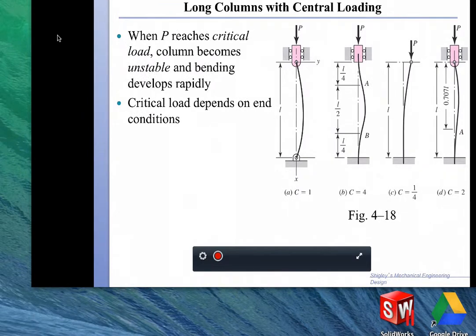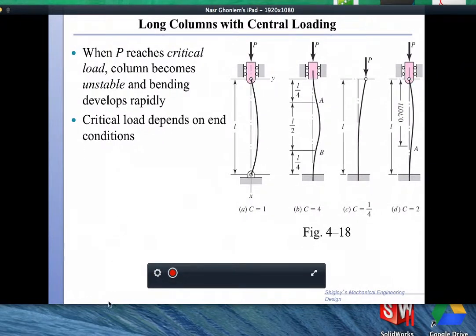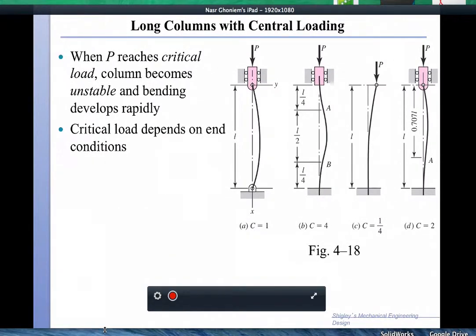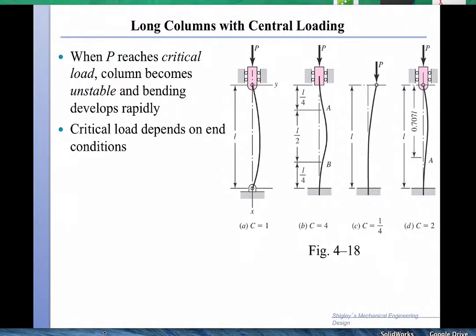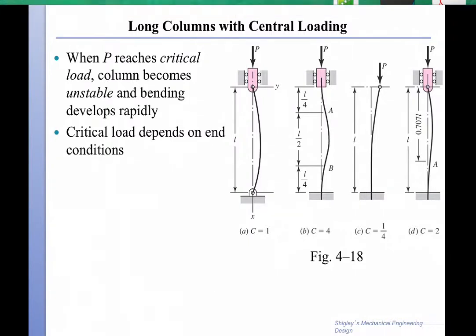I'm trying to get this to fit within our window. I think you can see it here better. So under these conditions, the end can play a big role in the stability of the component, and we may have one of four cases.